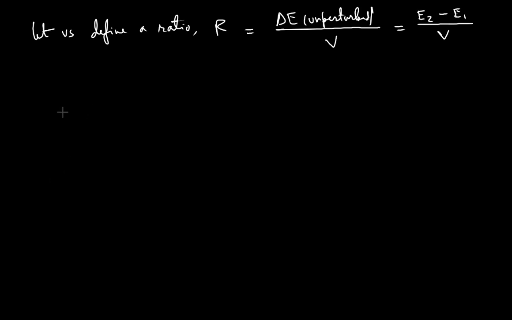Now you see, if we do that, then instead of lambda plus minus, let me write the two values E1 and E2 like this.